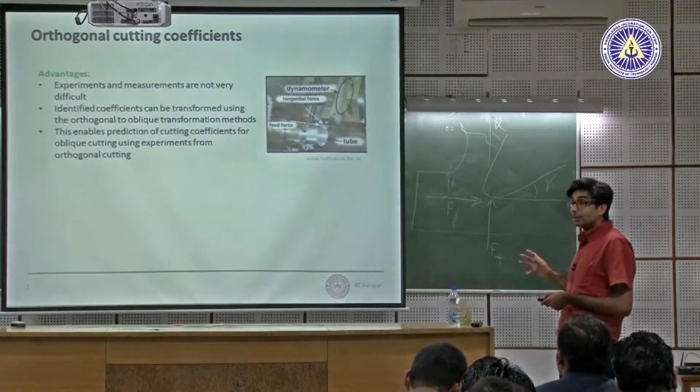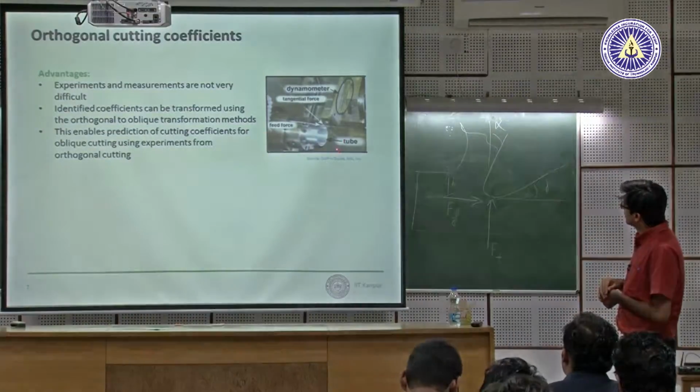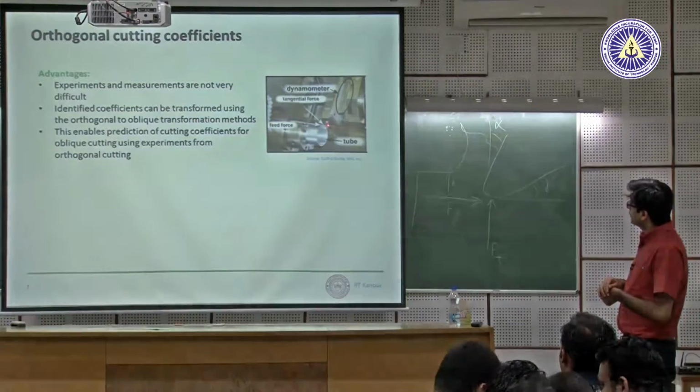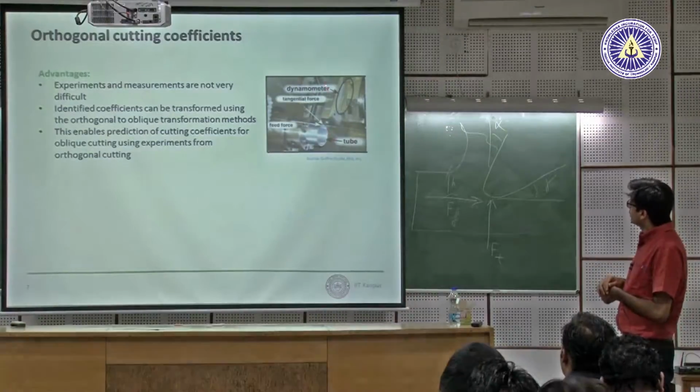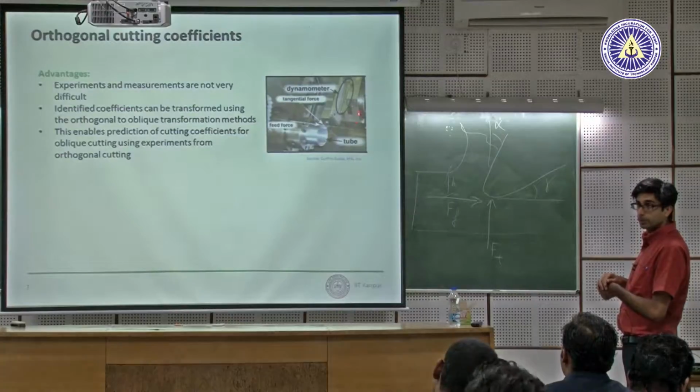This has several advantages in doing orthogonal cutting. So this is a typical setup. I don't know if it's clear to everybody. This is the tool over here. This is the tube, it's aluminium. The tool is being held in a dynamometer, which is supported on a turret.